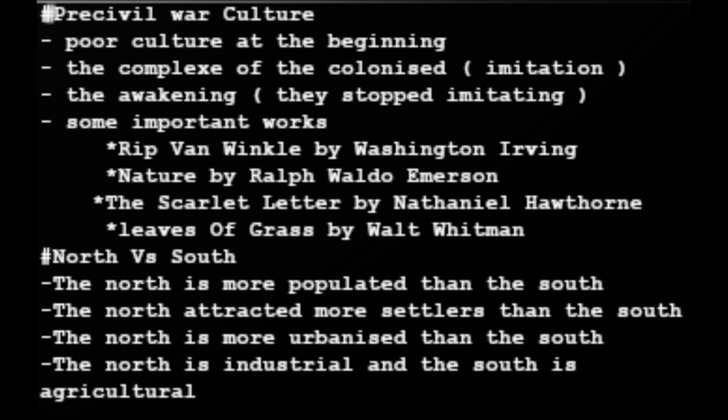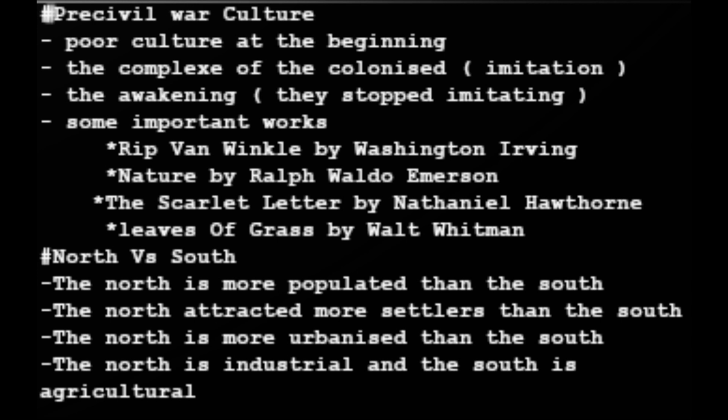We have Rip Van Winkle by Washington Irving, written in 1819; Nature by Ralph Waldo Emerson in 1836; Nathaniel Hawthorne in 1850, who wrote The Scarlet Letter; and Leaves of Grass by Walt Whitman.